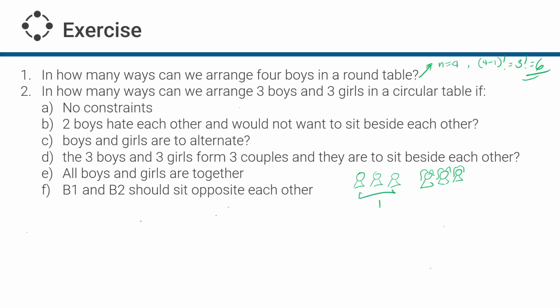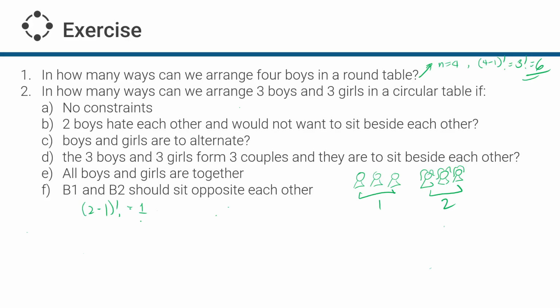So all of them are 1, and this one is 2. So for that, we have 2 minus 1 factorial equals 2. Oh, sorry, it's 1. Sorry, factorial is equal to 1.